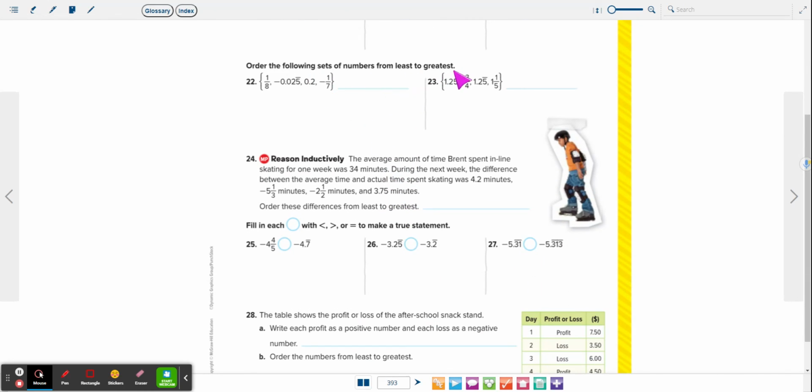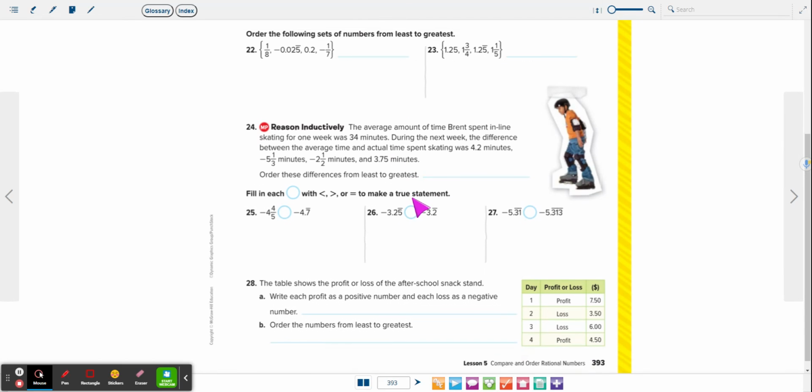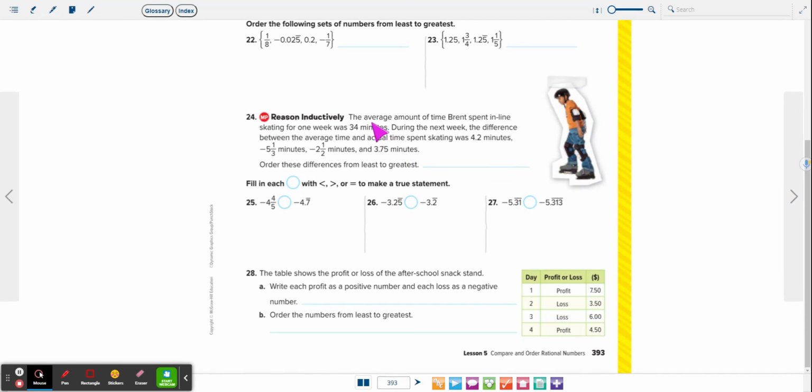This one, order them from least to greatest. Again, I would change them to decimals to be able to figure out the numbers. 24 is a word problem. The average amount of time Brent spent in line skating for 1 week was 34 minutes.